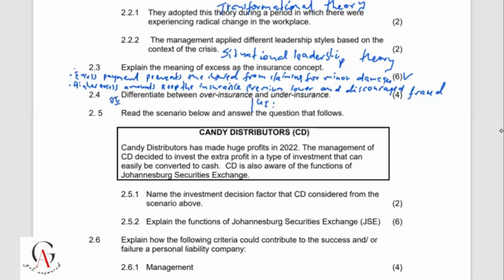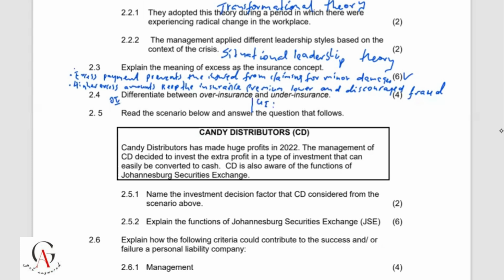Okay, right. So now under-insurance, in most cases, we check that the insurer will implement the average clause to determine the amount that will be paid. Okay, right.